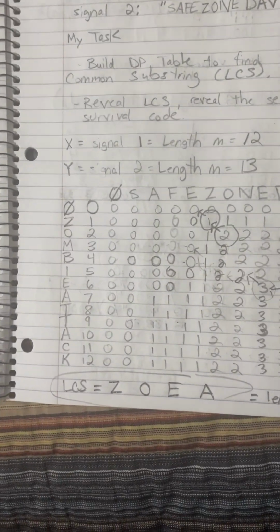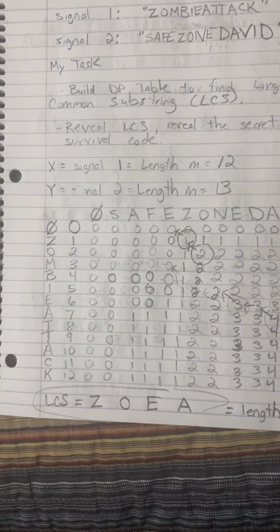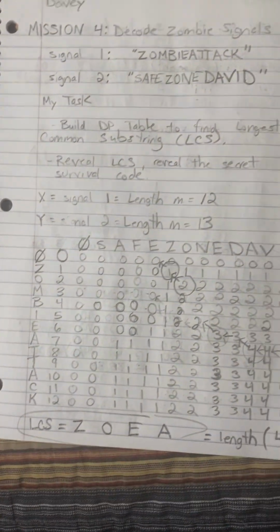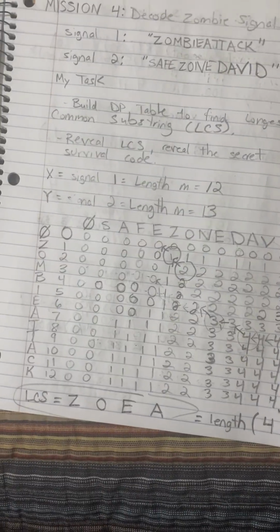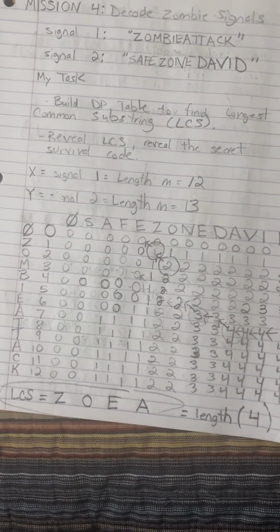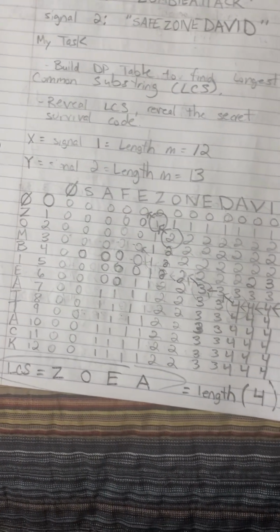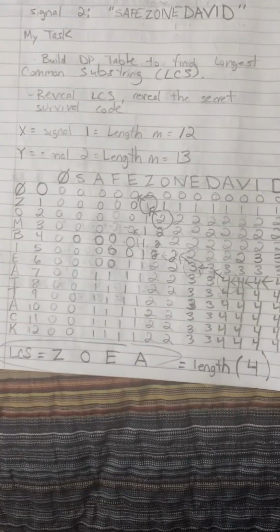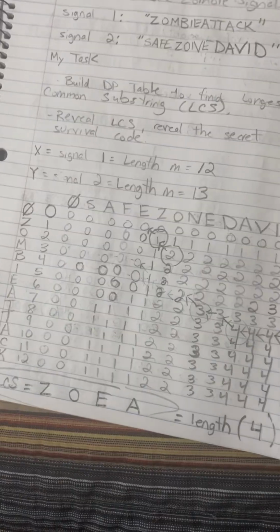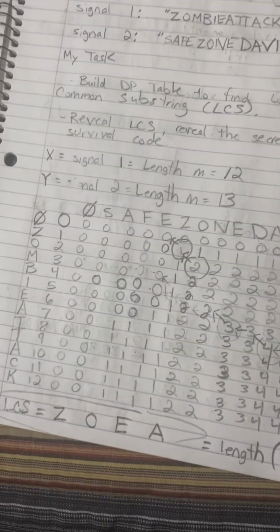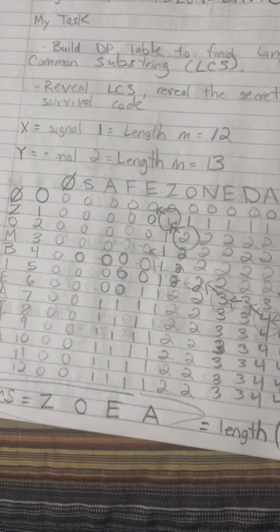The reason that the E after the F in safe and the E in zombie doesn't trigger 2 is because its upper corner is 0, so it's 0 plus 1, and so it's still 1.